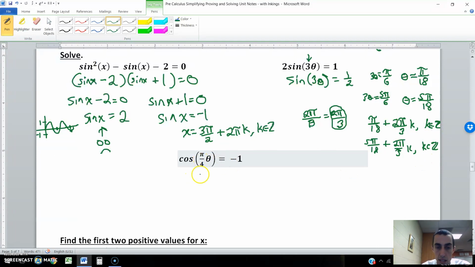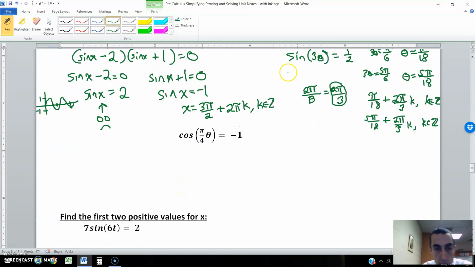Alright, last one in this section is cosine of pi over 4 theta equals -1. Now this cosine function is already isolated, so we can take a look at our graph. This is a quadrantal angle, because cosine is 1, 0, or -1. So we remember the cosine graph.